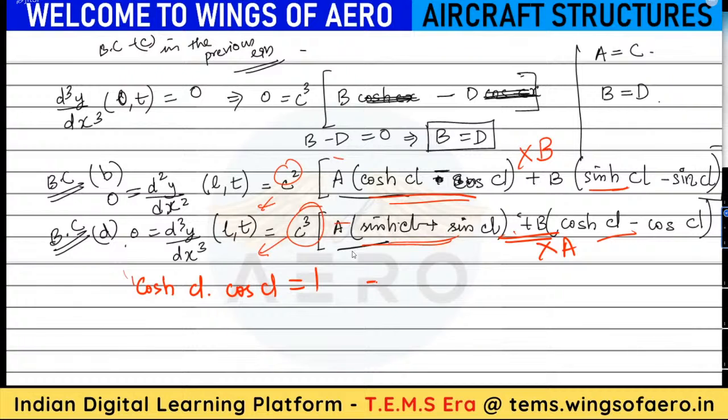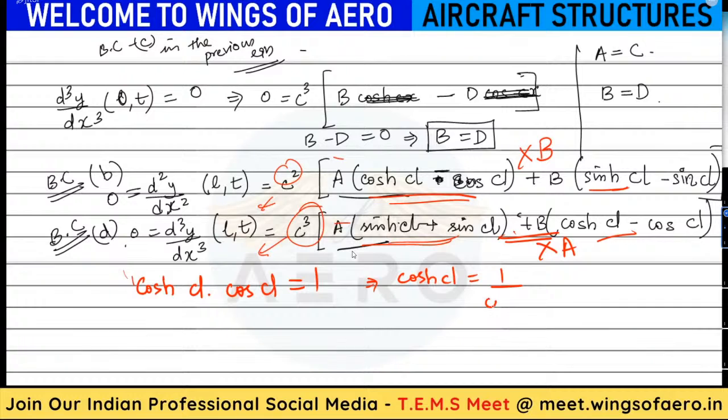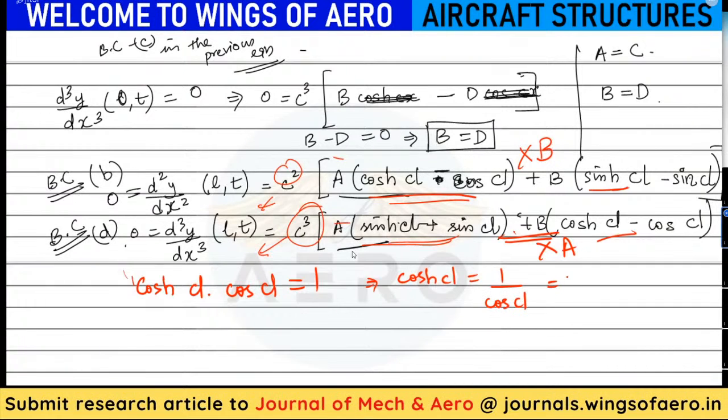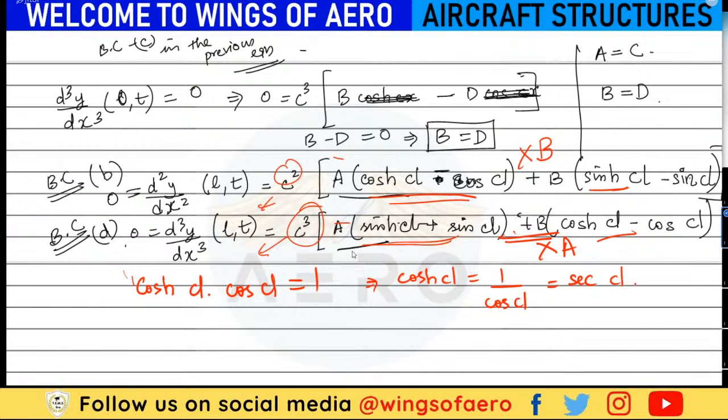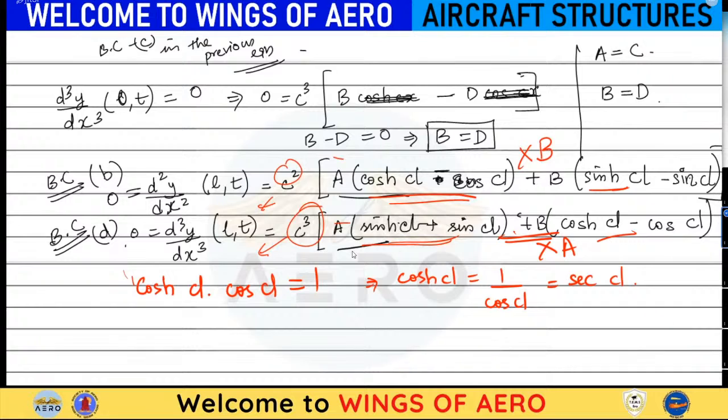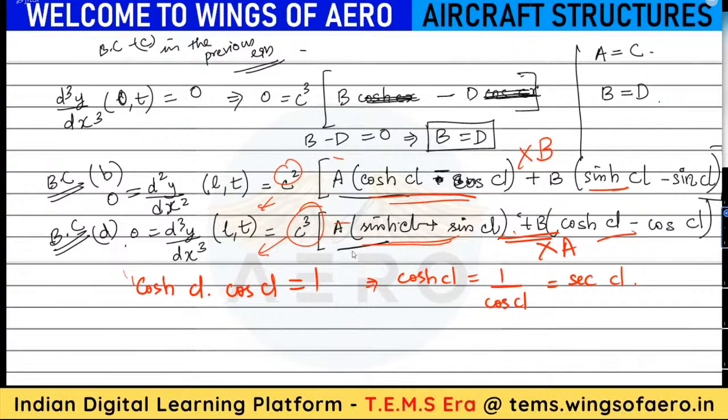So I can say cosh CL equals to 1 by cos CL. Just let me know when you solve this whether you get like that or not.